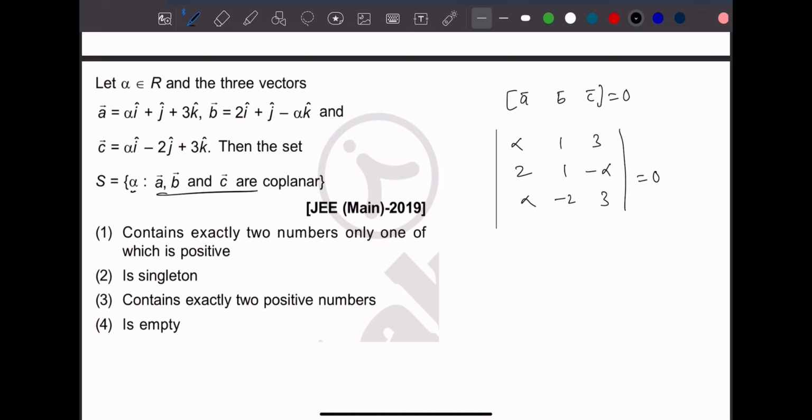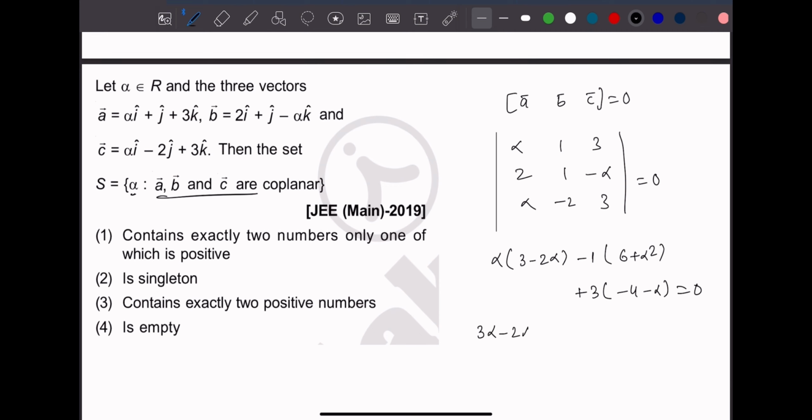Which means we are getting alpha times 3 minus 2 alpha, minus of 1 times 6 plus alpha square, plus of 3 times minus 4 minus alpha is equal to 0. So we have 3 alpha minus 2 alpha square minus 6 minus alpha square minus 12 minus 3 alpha is equal to 0.